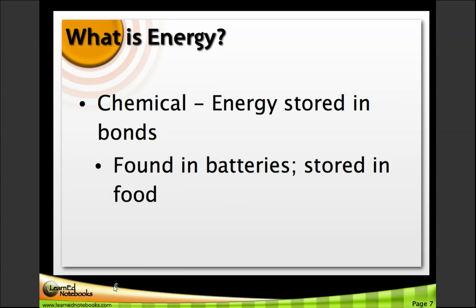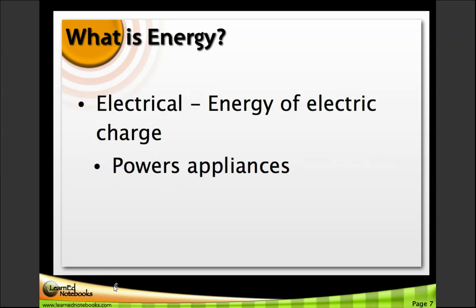Chemical energy is the energy stored within chemical bonds, like the chemical bonds in sugar. It can also be found in batteries, food, and fuel, like what you put in your car. Electrical energy is the energy of electric charge.